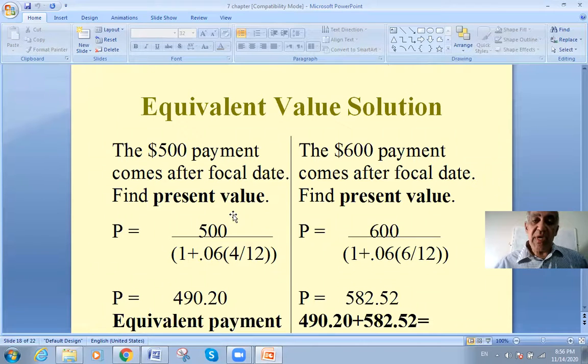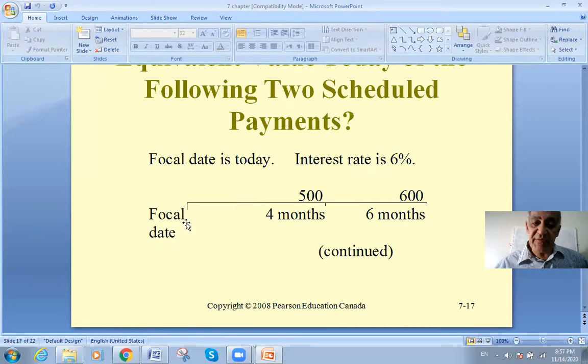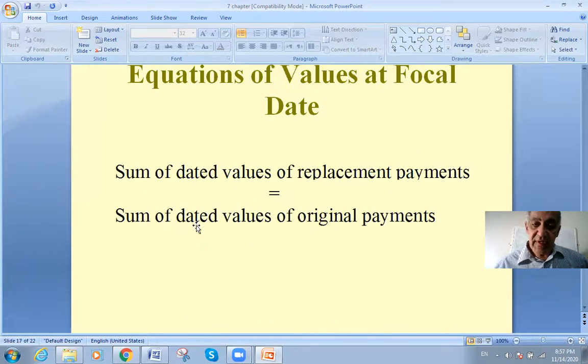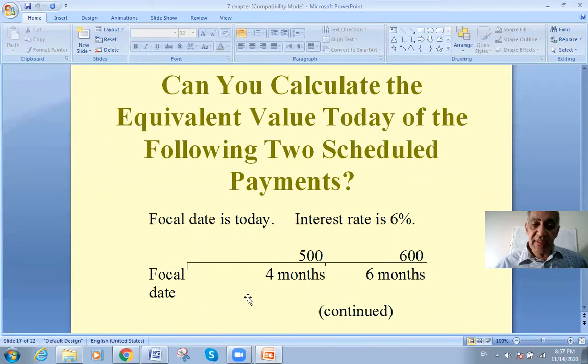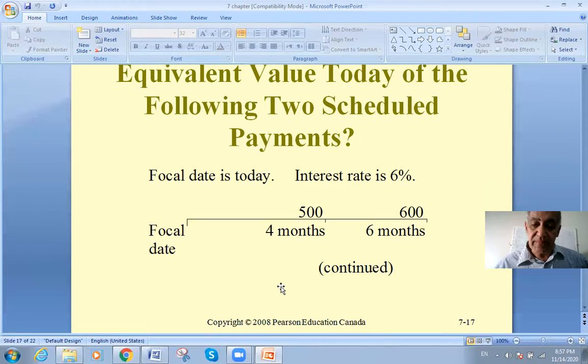Okay, we have two amounts of money here. The focal date is like this, and the $500 and $600. Let me make an example for it, so it will be clear to all of you.